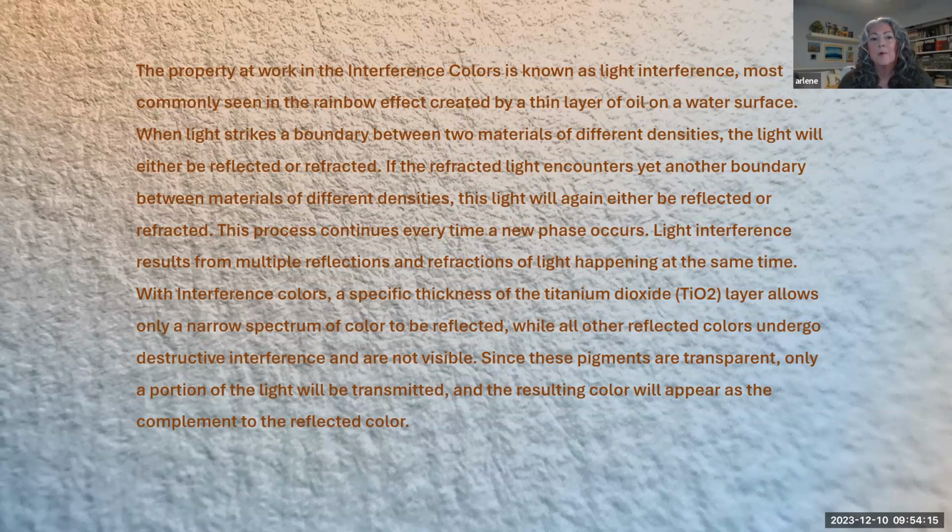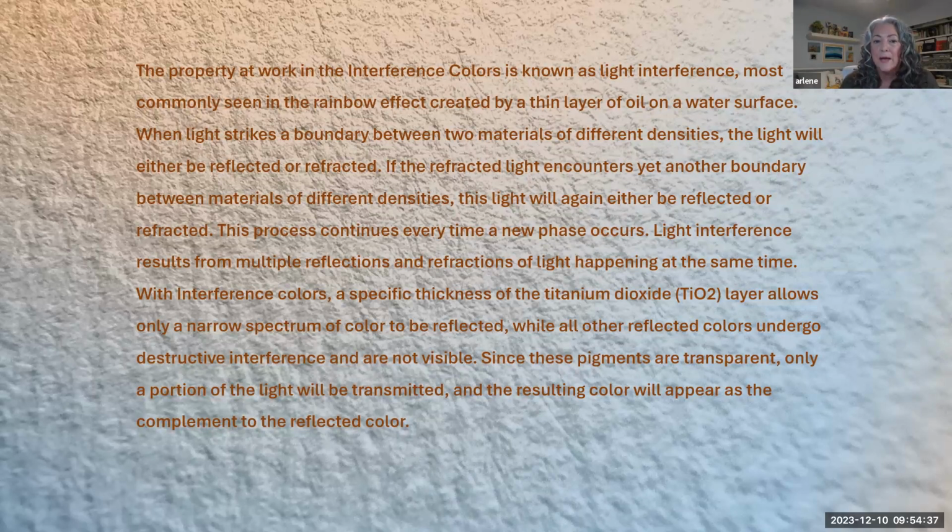The property at work in the interference colors is known as light interference, most commonly seen in the rainbow effect created by a thin layer of oil on the surface of water. When light strikes a boundary between two materials of different densities, the light will either be reflected or refracted.